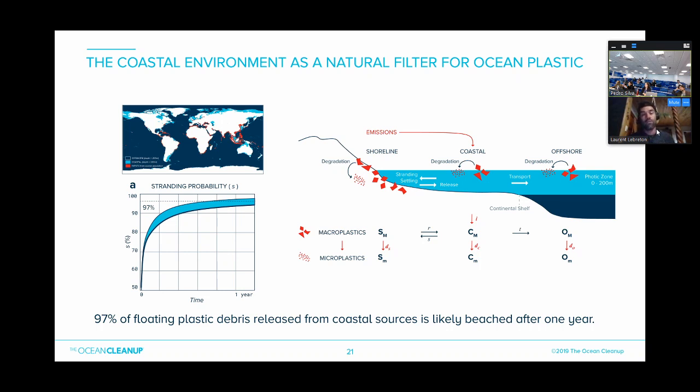So we use particle models again, and we release particles from different source points along the coastline, based on statistics of waste and population densities. And what we find is that within a year, 97% of all the particles that we released have spent at least 2 consecutive days next to the coastline, right? And so basically increasing the chance of beaching, right?